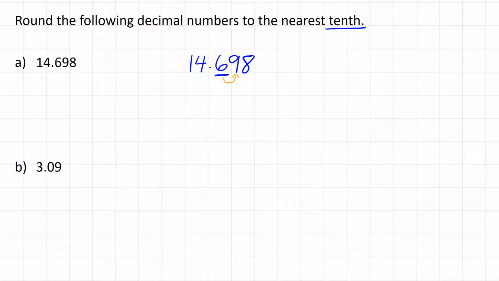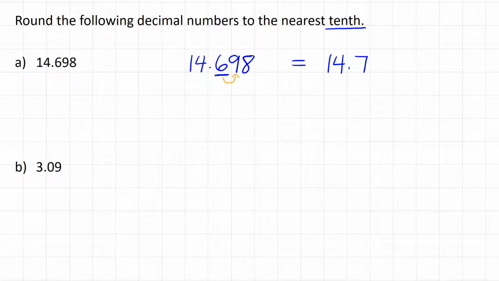If it was less than 5, then it would just stay as 14.6. But because this is bigger than 5, we're going to be rounding it up. And when we round it, our final answer will be 14.7. Now we've rounded to the nearest tenth place value. That wasn't too bad, was it? All right, let's look at the next example.